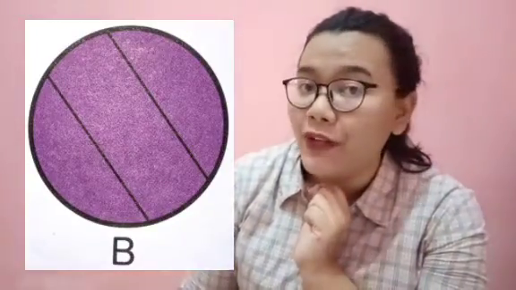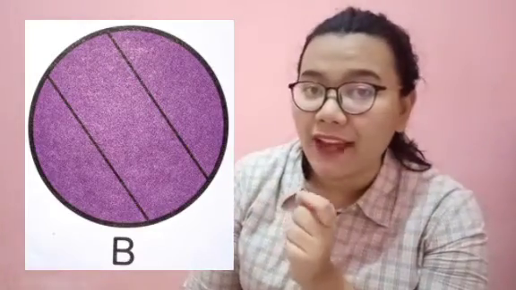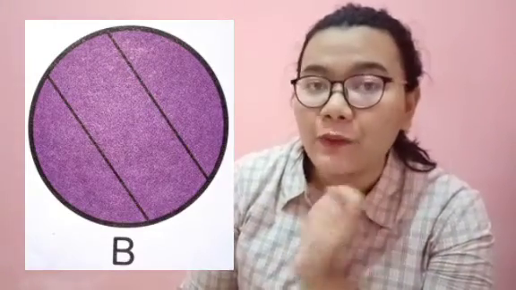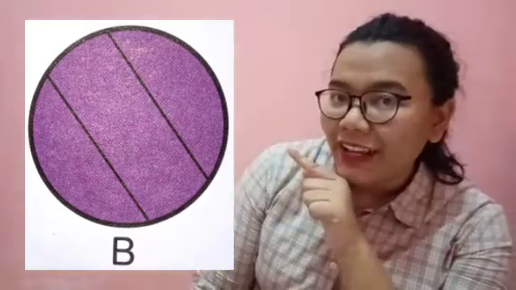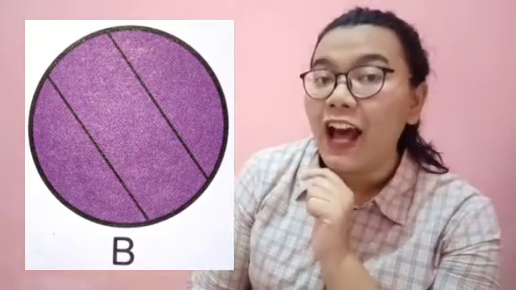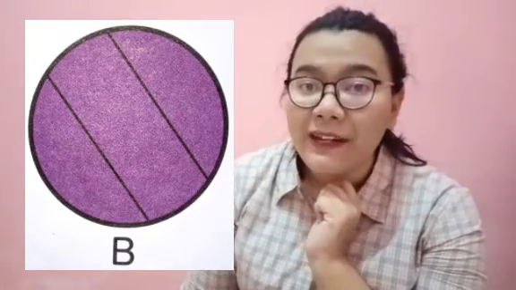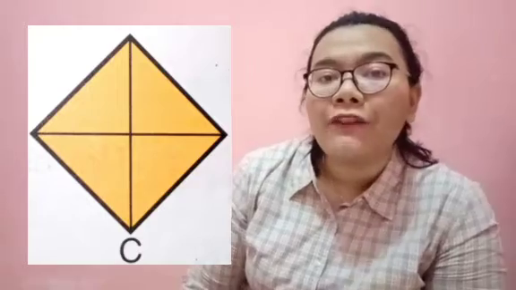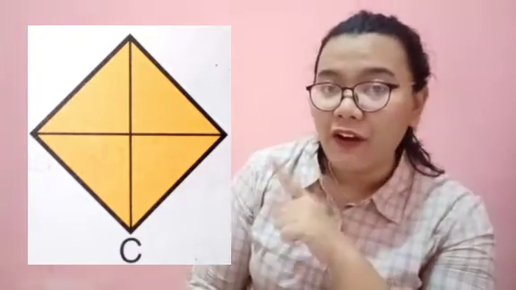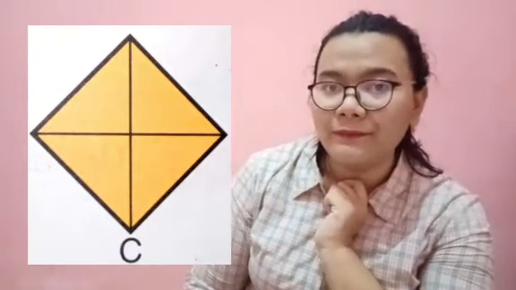Now let's move on to picture B. From the picture, we know that the right side and the left side have a different size from the middle. Look at it carefully. So, picture B is not equal. Now, let's move on to picture C. From the picture, we know that there are four parts.